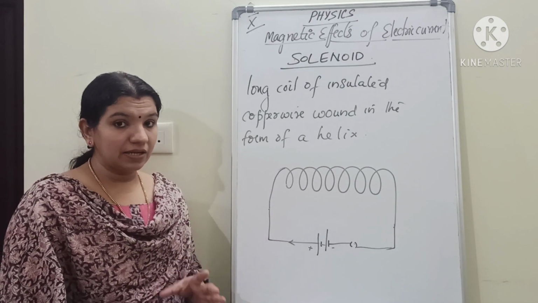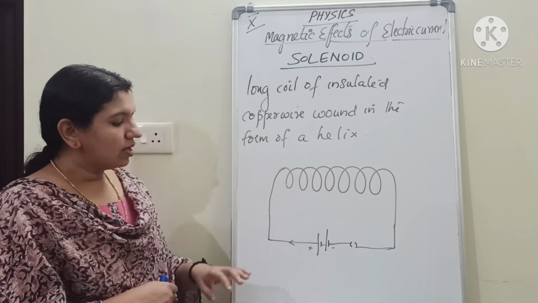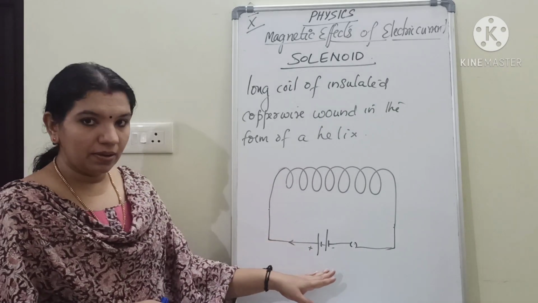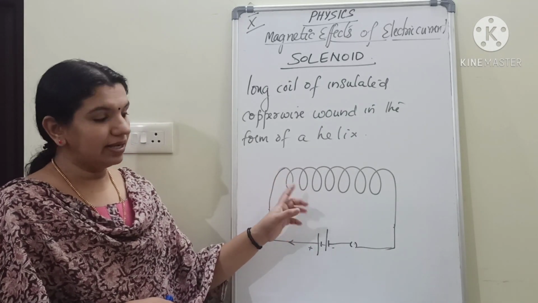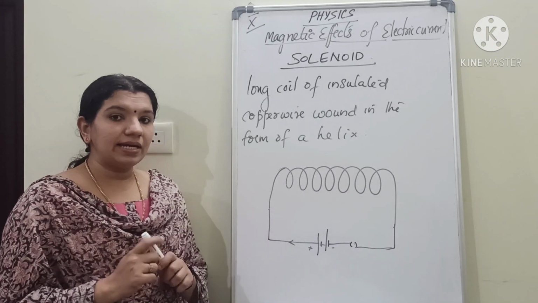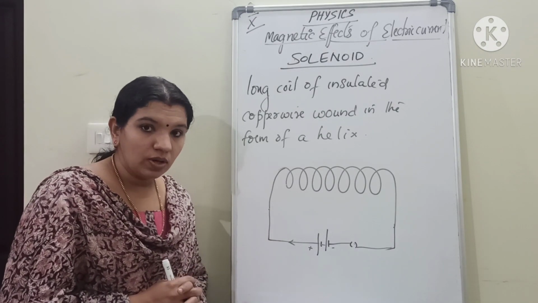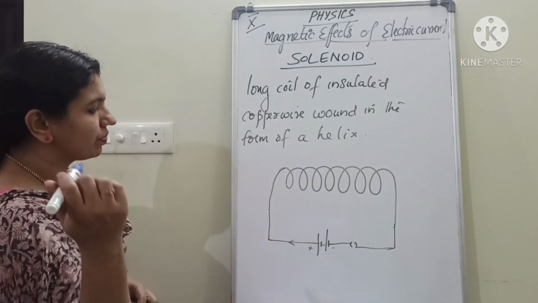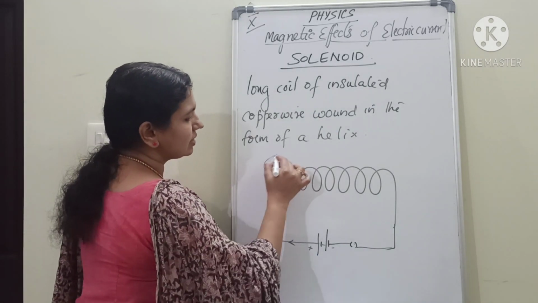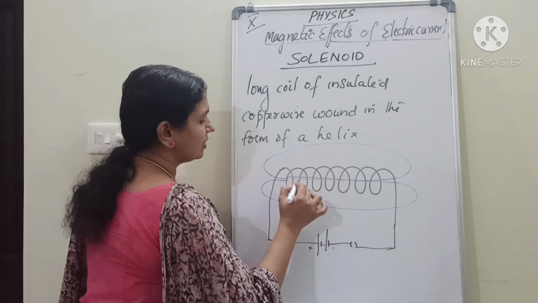Draw the magnetic field lines for a current carrying solenoid. Only when it is connected to a battery it will behave like a magnet, and after that if you are asked to draw the magnetic field lines, you can draw the field lines similar to that of a bar magnet. How? Yes, it will be continuous curves. Isn't it? It will be continuous curves like this.